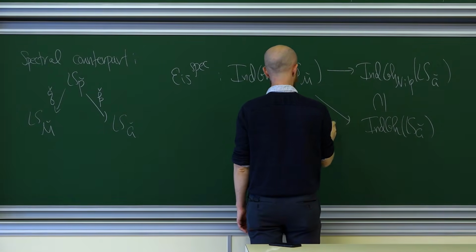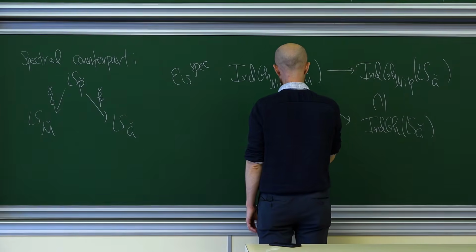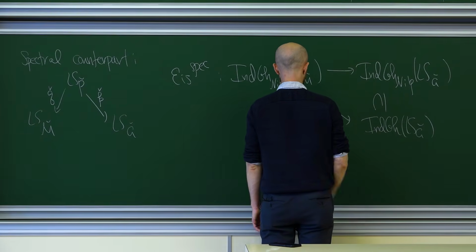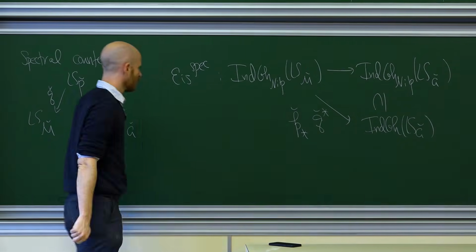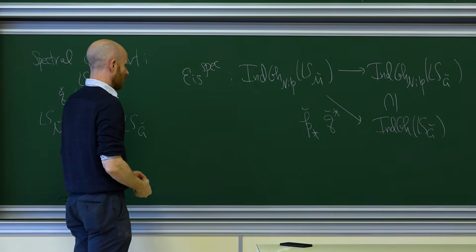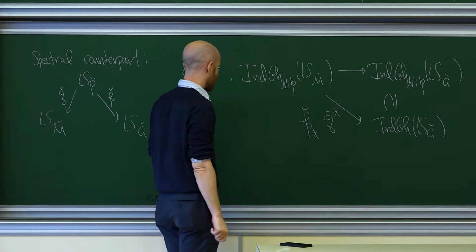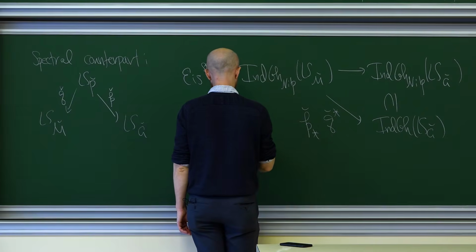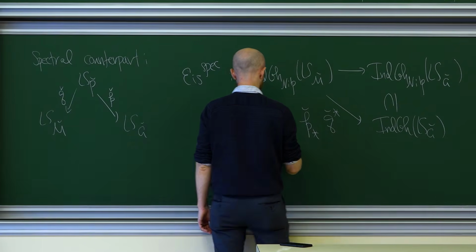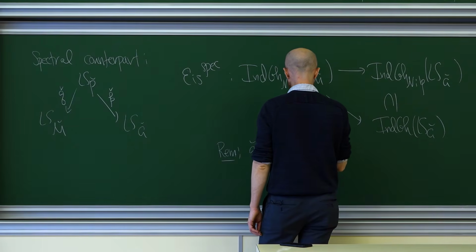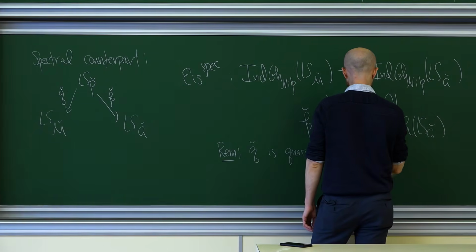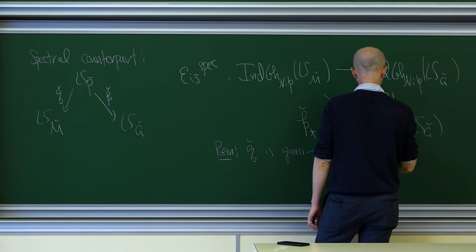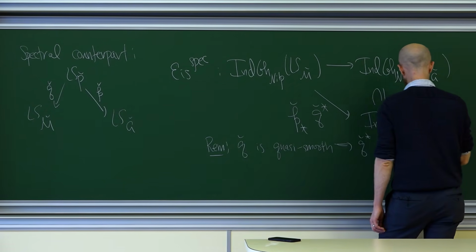And the formula is more or less the same. You pull back, and then you push forward. Let me remark here that this Q check is what's called quasi-smooth. So that implies that this Q check upper star exists in the IndCoh world.